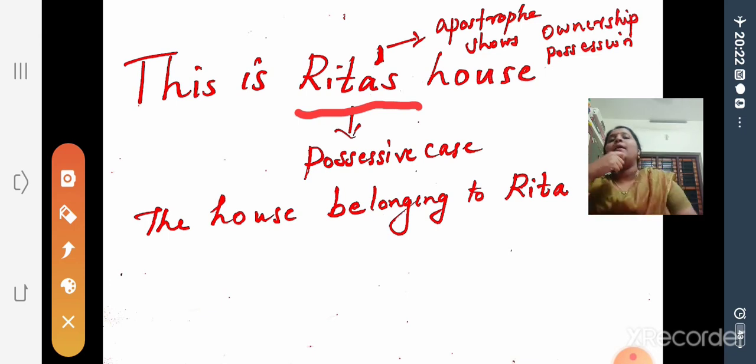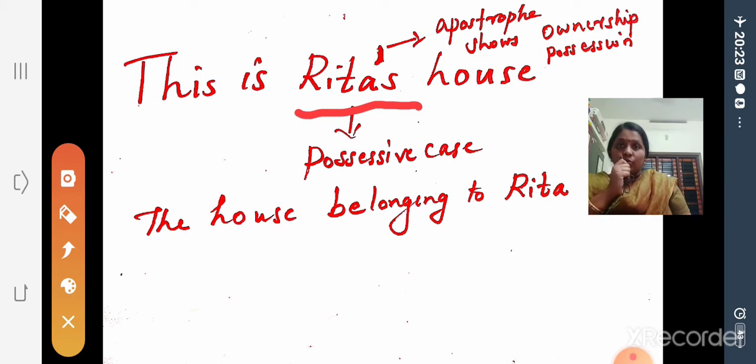Okay, so there are three kinds of cases. What are they? Nominative case, accusative case, and possessive case. Nominative case means when a noun comes in the position of a subject. When a noun comes in the position of an object, it is called accusative case. Then what is possessive case?